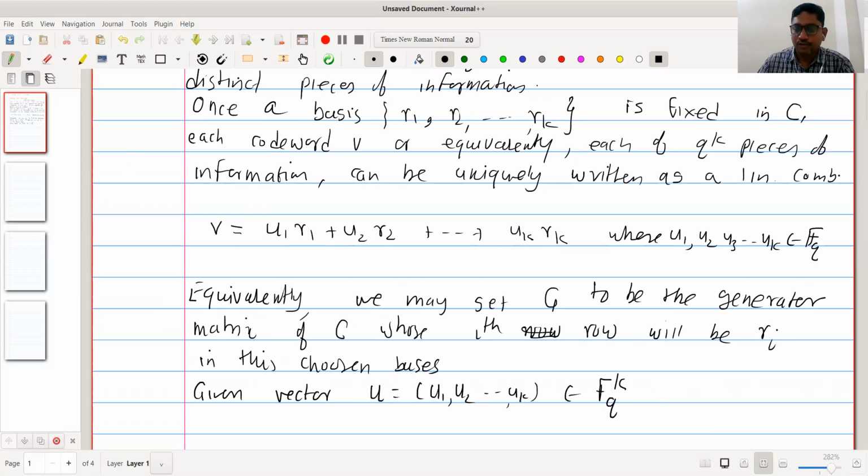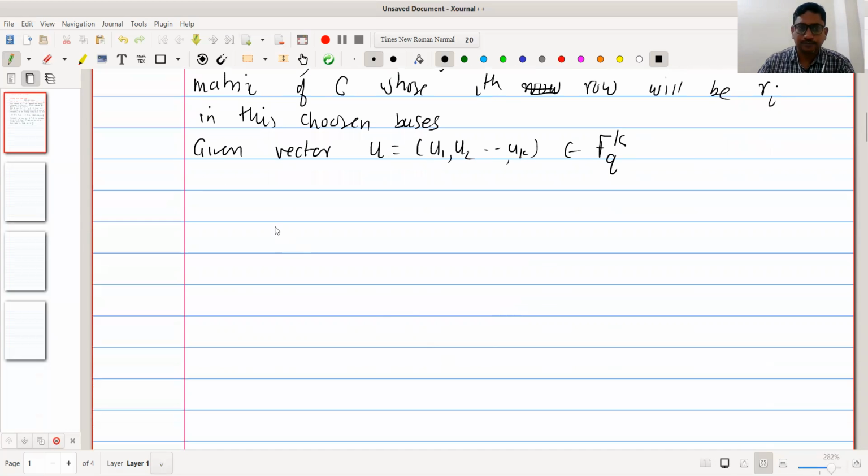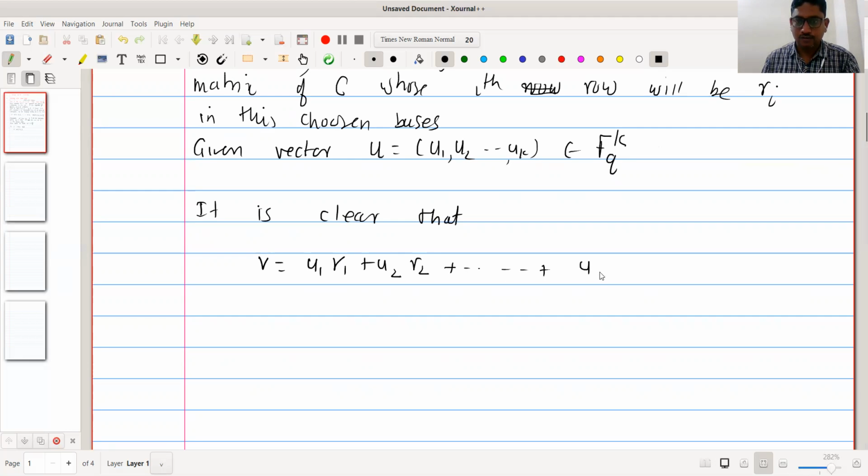So now it is clear that V can be easily written as u1 times r1, the first basis, u2 times r2, the second basis, and so on, uk times rk, the kth basis.